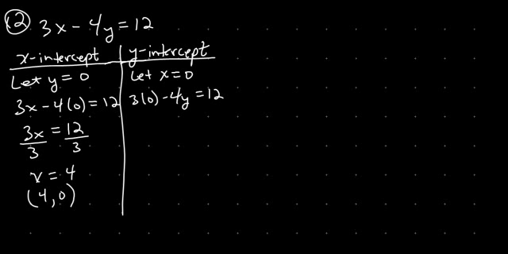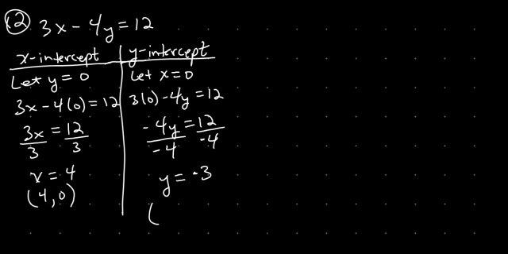So 3 times 0 is 0, so negative 4y equals 12. I need to get y by itself, so I divide out by its coefficient, negative 4. And we get that y, negative 4 goes into 12 negative 3 times. So that gives me the ordered pair: x is 0, y is negative 3.